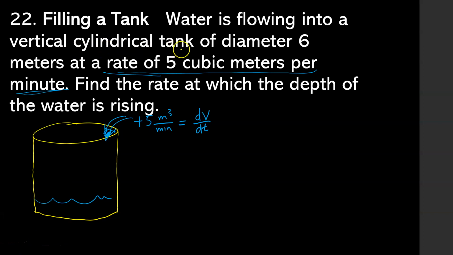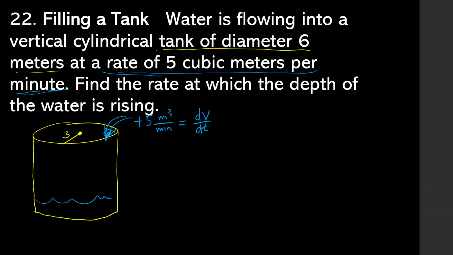The vertical cylindrical tank has a diameter of 6 meters. So I know how my students might screw that up. That diameter is 6, but usually we think of the equation for the volume of a cylinder, including radius, so I'm going to write that 3 as the radius.